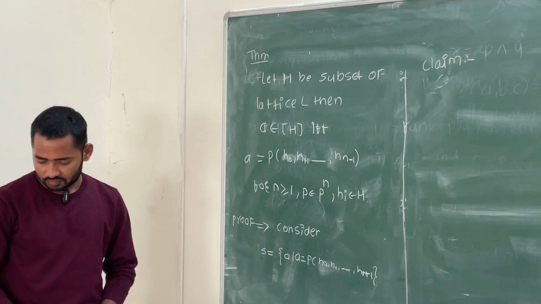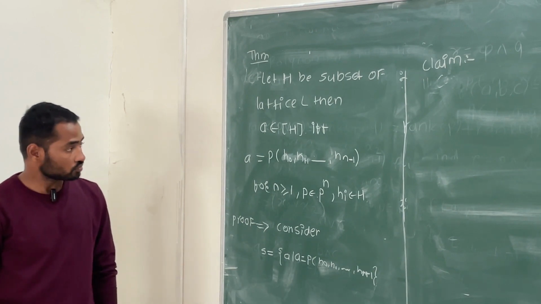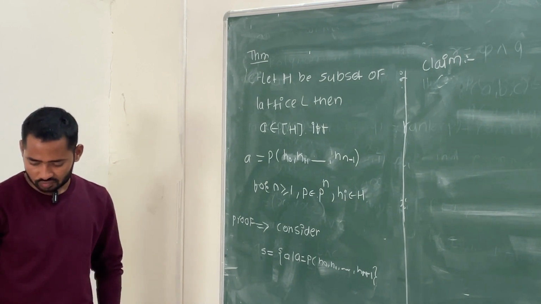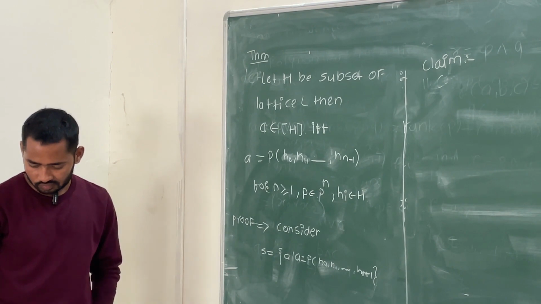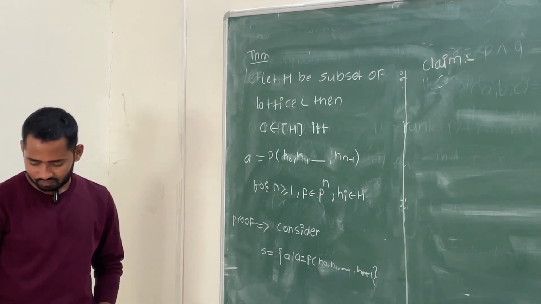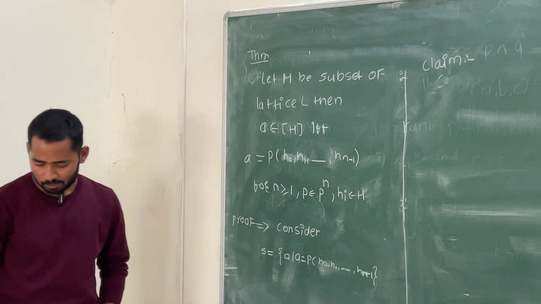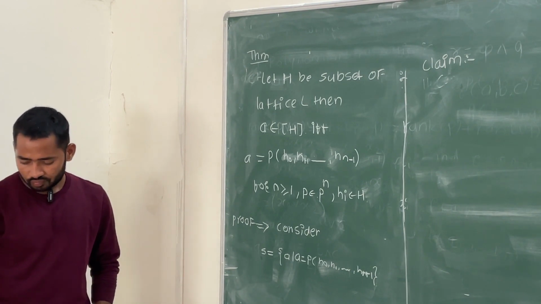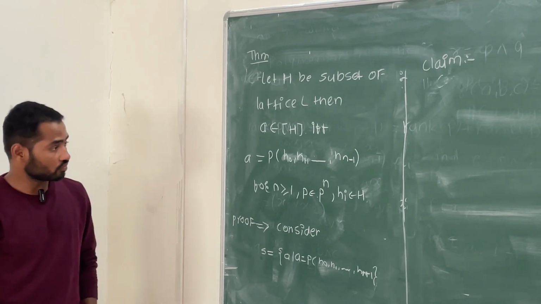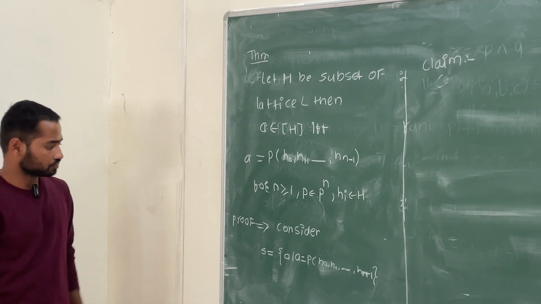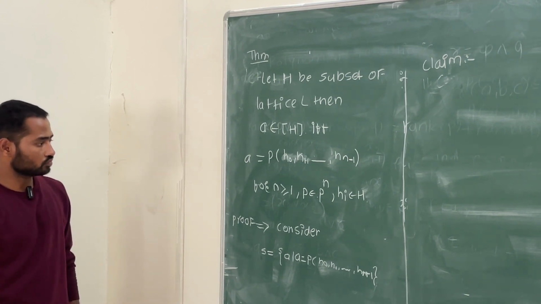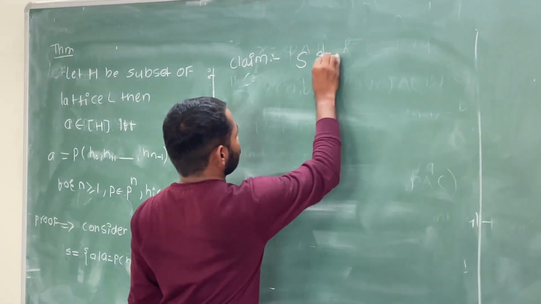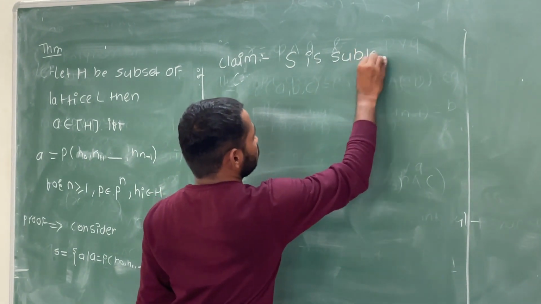So the idea of the proof is we want to prove that A belongs to the square bracket H if and only if A satisfies this condition. Whatever we have, we will collect as a set S. So S contains that type of thing. Then we will show that S is a sublattice and which is basically equal to the square bracket H. Is this clear? If we show that S is equal to the square bracket of H, then we are done, or not? Because any element in S is of this form, and if we show that it is the same as the square bracket H, we are done. So to show that S is equal to the square bracket H, show that it is a sublattice and that it is equal to the square bracket H.